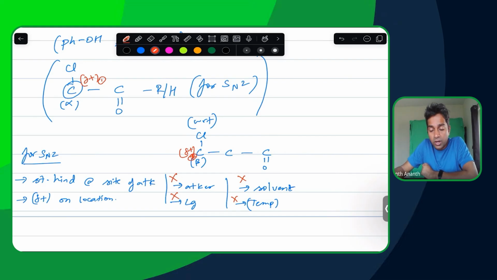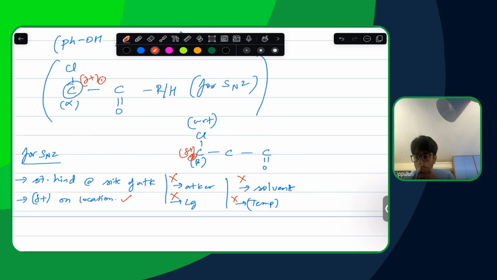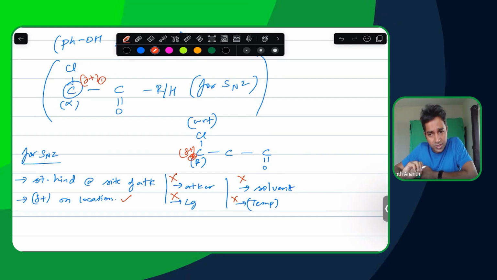Definitely delta plus 1 is going to be higher compared to delta plus 2. So from this factor point of view, it's perfectly acceptable. Screw all of that molecular orbital mumbo jumbo. From a delta plus factor, it is commonsensical now.